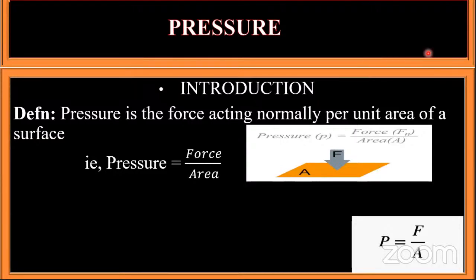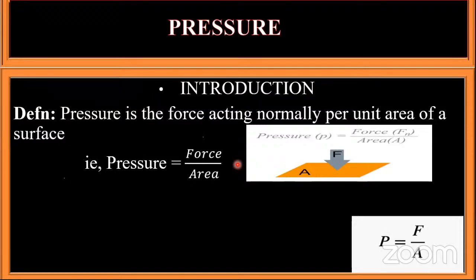Newtons per meter. Very good, Karen Ojirot. It is newtons per meter squared, because the SI unit of force is newtons and that of area is meters squared, and so we expect newtons per meter squared. Very good.